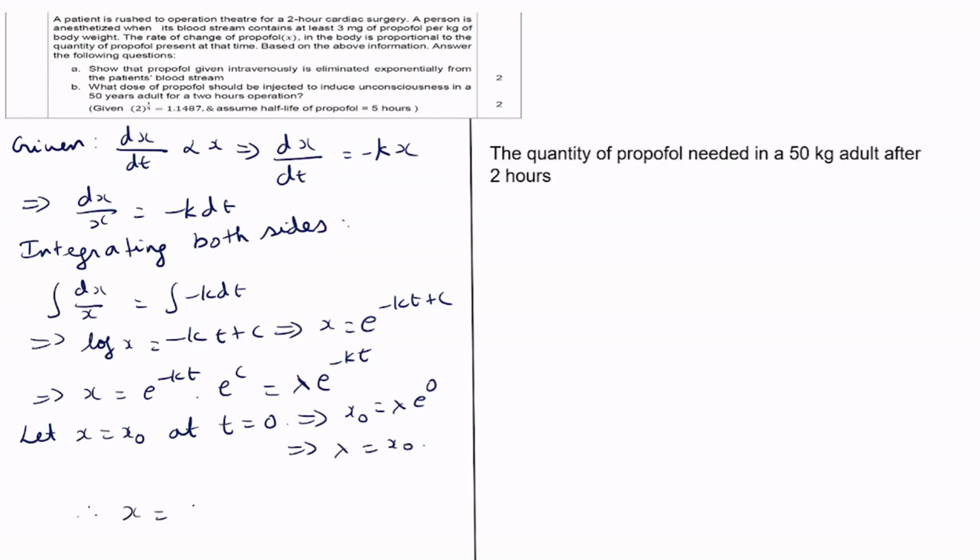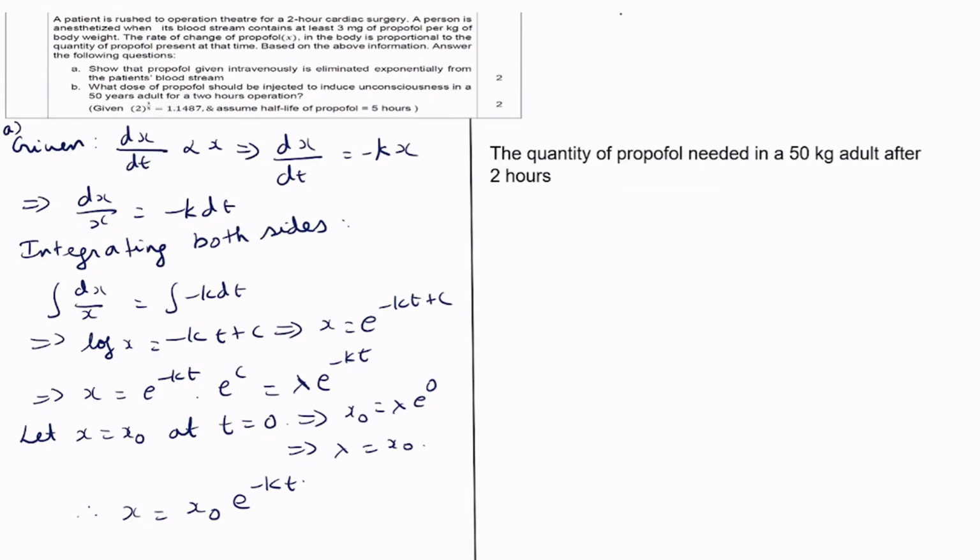Therefore, x is equal to x naught into e raised to minus kt. So this is the model. So this is the first subdivision. Show that propofol given intravenously is eliminated exponentially from the patient's bloodstream. So the propofol which is given intravenously is eliminated exponentially from the patient's bloodstream.